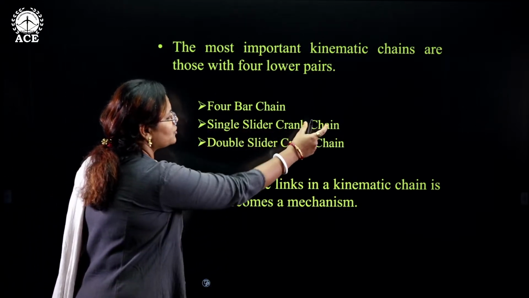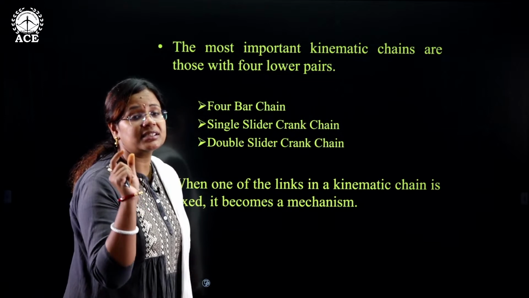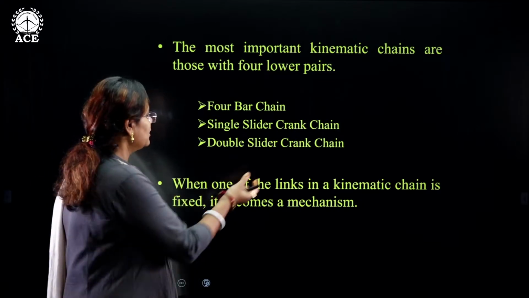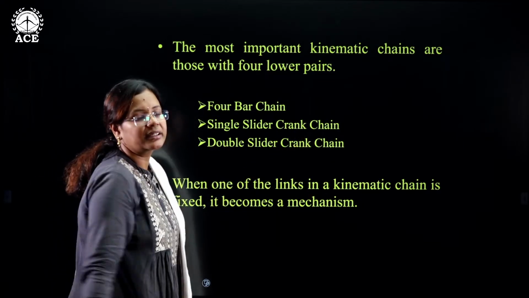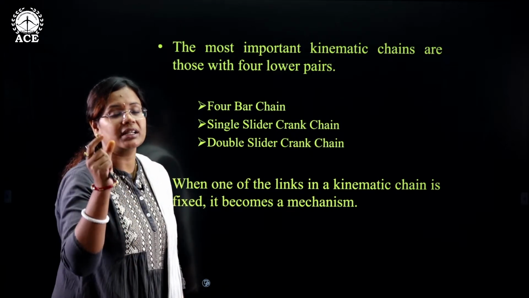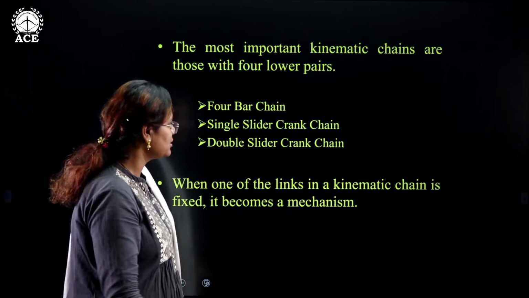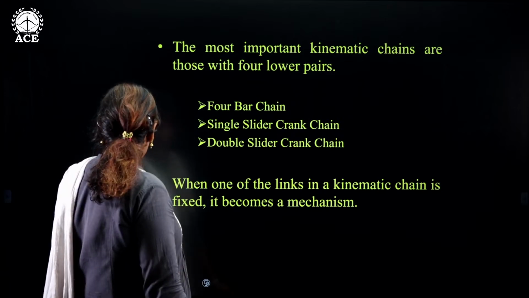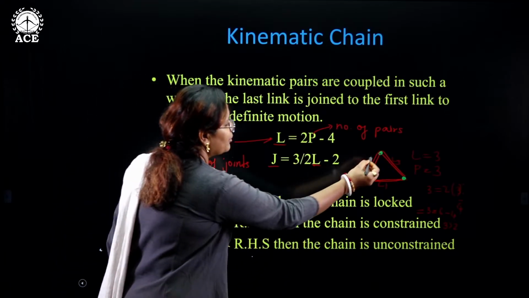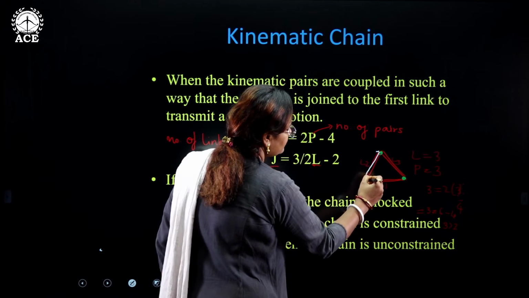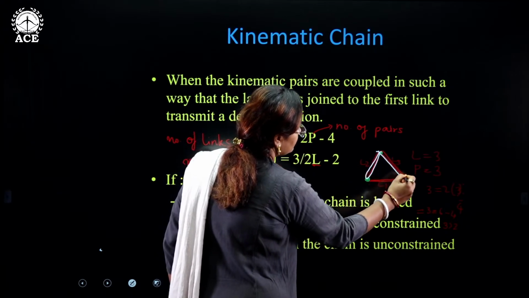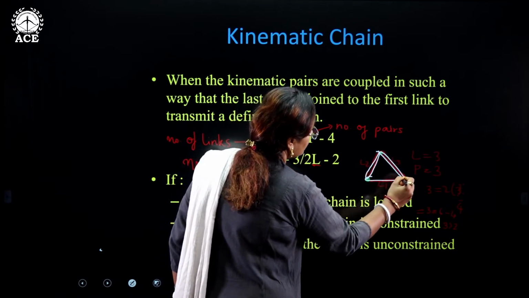Single slider crank chain means a single slider element is introduced in this. The third one is the double slider crank chain, in which there are double sliders, that means 2 sliders are introduced. Now, in the previous slide, I said these are the number of links.